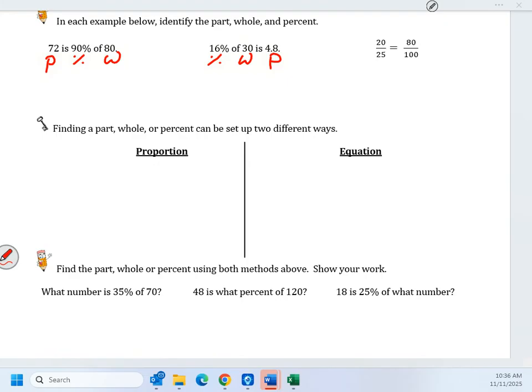Oh, 80. What is my whole? Colton? 100. Nope. Cam? 25. What is my percent? Clara? 80. Not just 80.